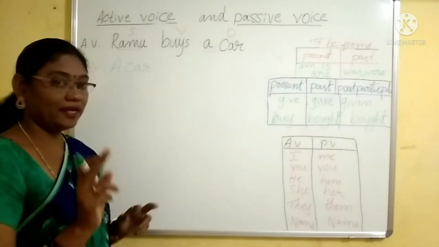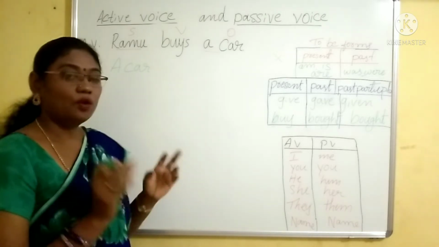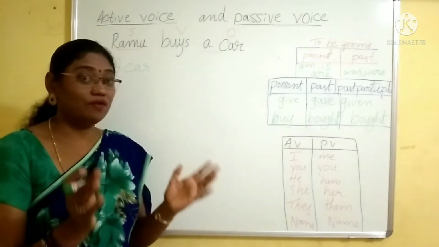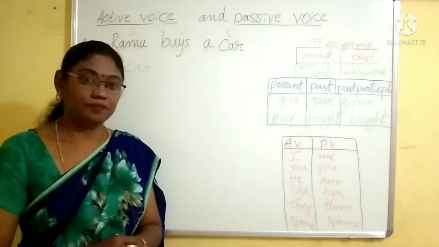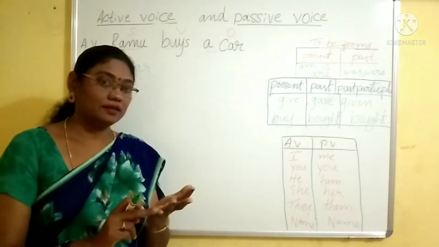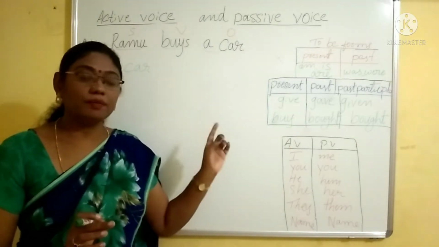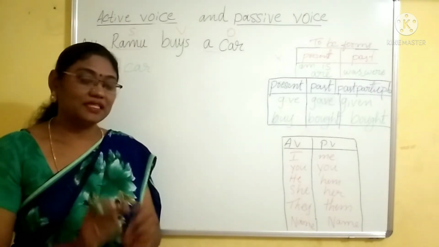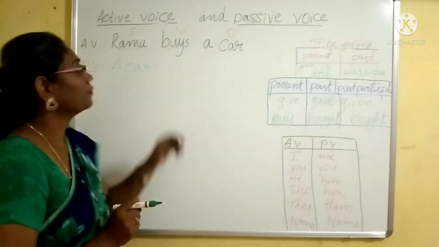Next, before changing this, we have to find the verb. Where is the verb? Yes, buys is the verb. You have to confirm whether the verb is in present tense or past tense. This is the main thing, the first step actually.